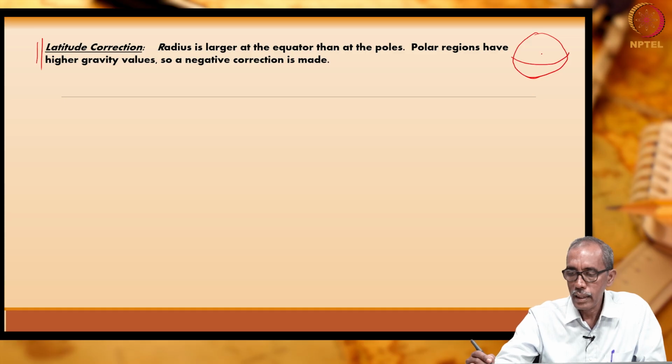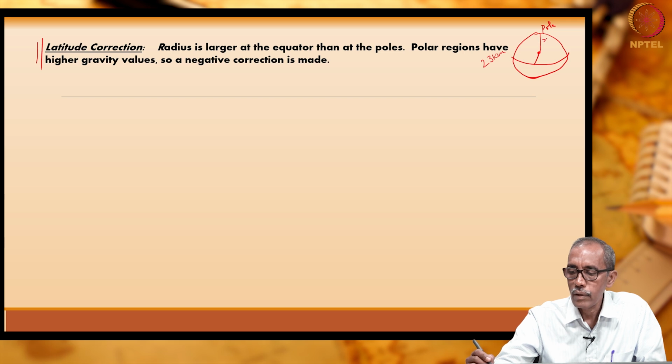That means the radius of the earth from the center to the equator is nearly 23 kilometers larger than the radius from the center to the pole, right?